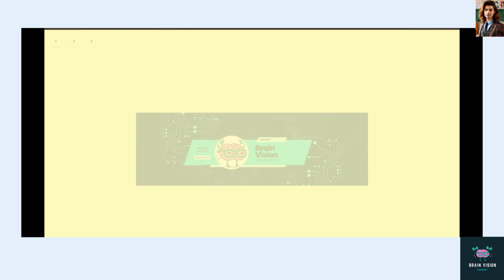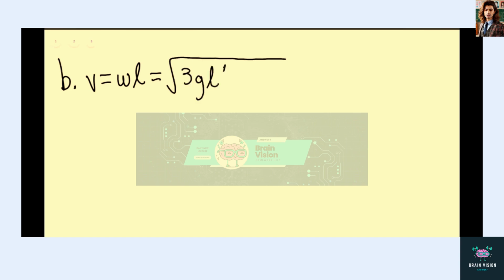Now, for part B, we want to find the linear velocity at phi equaling 0. So we can say that the linear velocity equals the angular velocity times L, and this would simply be equal to the square root of 3gL times 1 minus sine of phi.